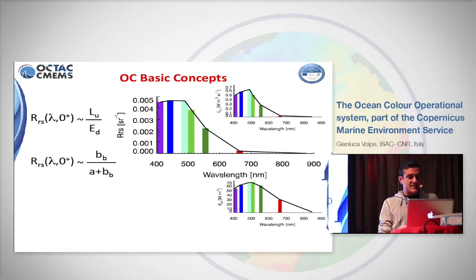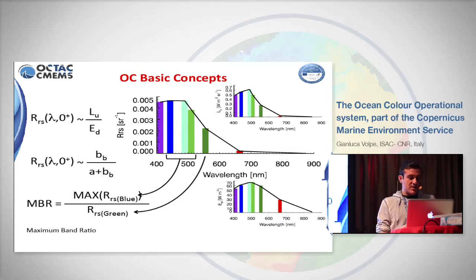An important point is that remote sensing reflectance is also proportional to the IOPs through the ratio of BB over A plus BB. So this will come next in the lecture.